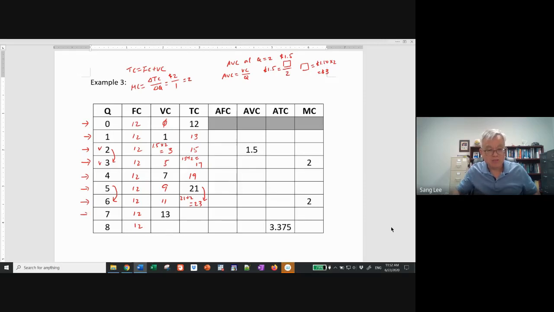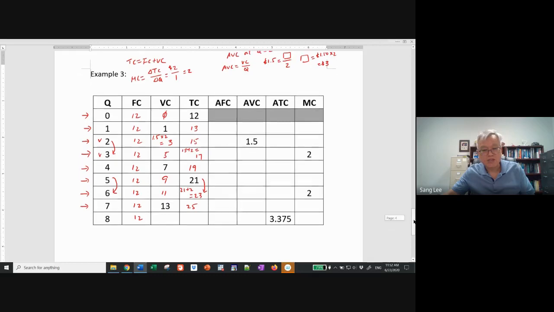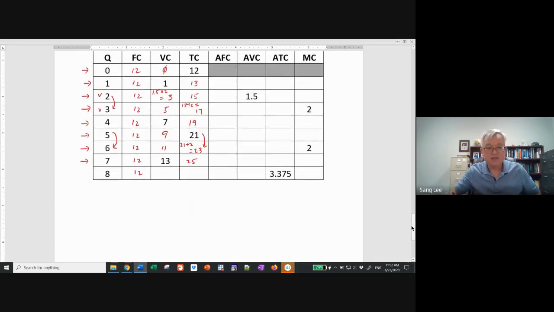Now when you produce 7 units, you are given variable cost. So 12 plus 13 is what? 25. That's the total cost. Now the last one, when you produce 8 units, we do not know variable cost or total cost yet, but we are given average total cost.